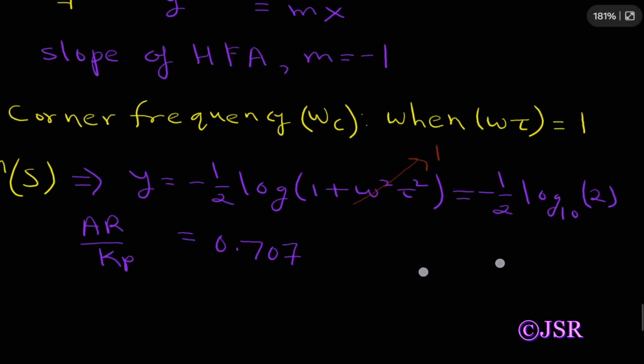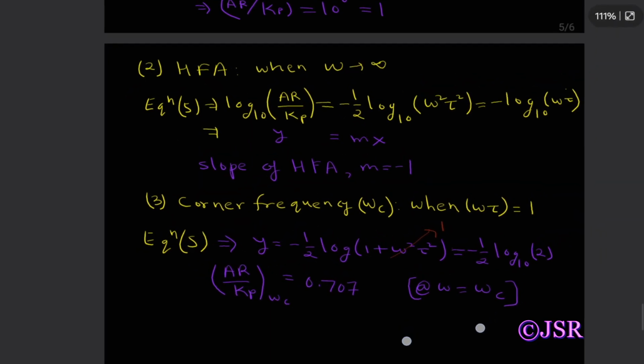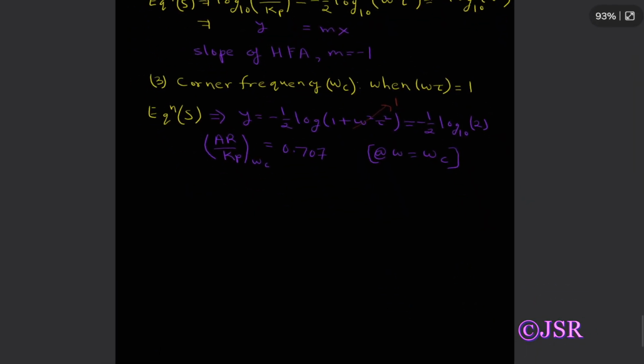So this will be at omega equal to omega c. So when we have the corner frequency, at that point the amplitude ratio by Kp will be equal to 0.707. So using these three pieces of information, we will plot the gain plot.